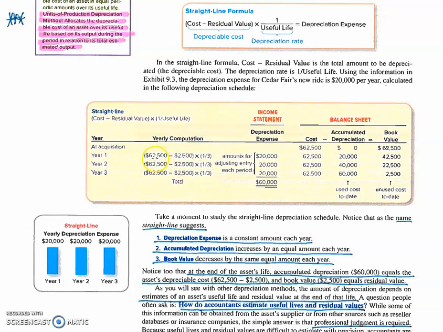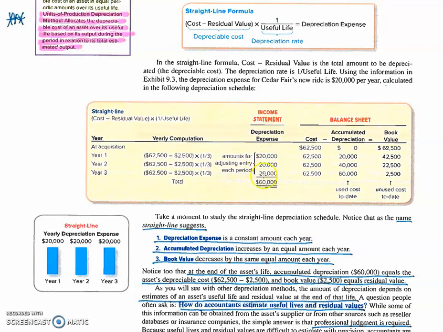Had depreciable cost 62,500, residual value of 2,500. So we subtract, get 60,000 in depreciable cost and a 3-year depreciable life. So 60,000 divided by 3 gives us 20,000 a year, or times 1/3. So you see, each of the 3 years of the asset's life, we're taking $20,000 depreciation.